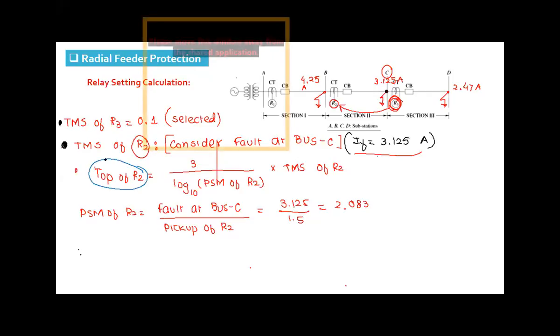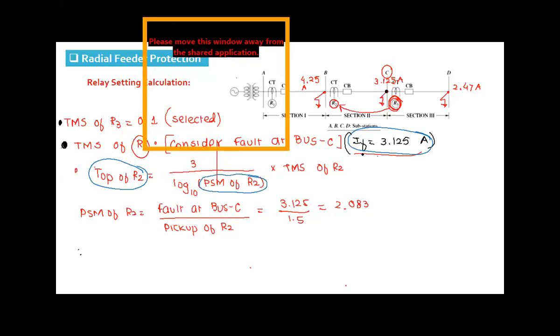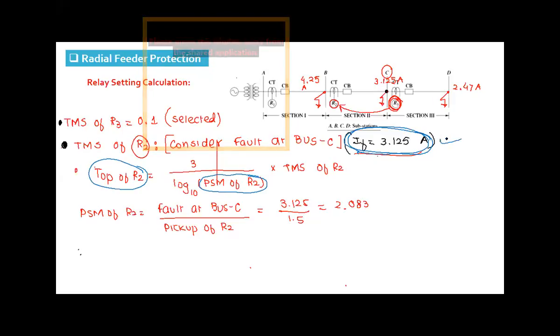હમણાં તમે કેલ્ક્યુલેટ કર્યો TOP of R2 આ ફોલ્ટ માટે. હા, PSM of R2 you know for this fault. What is unknown? Unknown શું છે હવે ઇક્વેશન માં? TOP of R2 તો તમે મેળવો ને આ કરંટ માટે. For this current you have calculated it. PSM મળી ગયો તમને તો શું મળી જાય? આ ઇક્વેશન ને જુઓ.